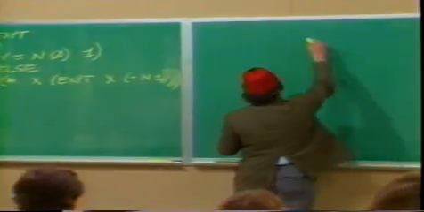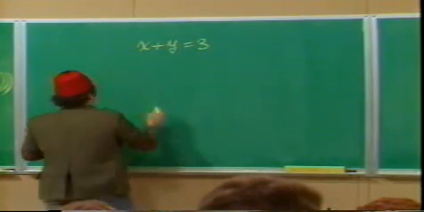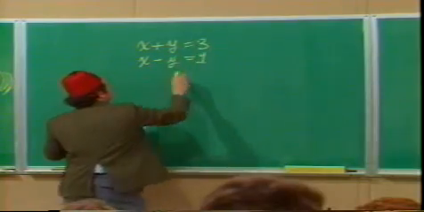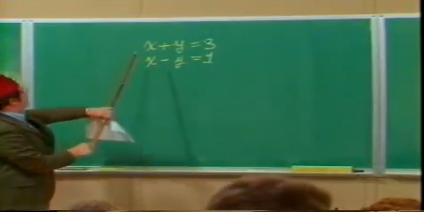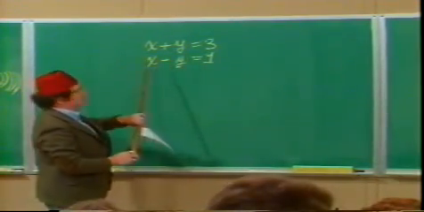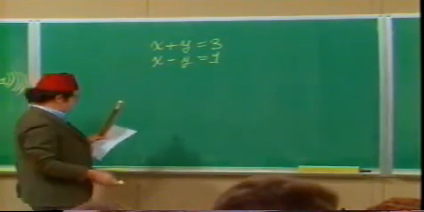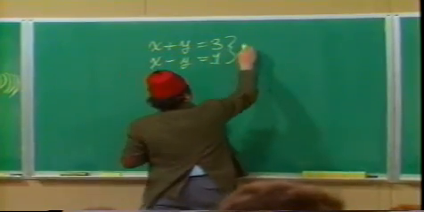Consider the following set of definitions here. x plus y equals 3, and x minus y equals 1. Well, gee, this tells you x in terms of y, and this one tells you y in terms of x, presumably. And yet this happens to have a unique solution in x and y.